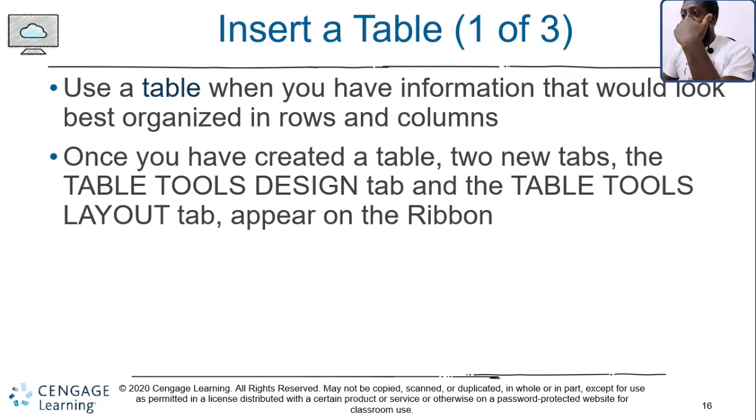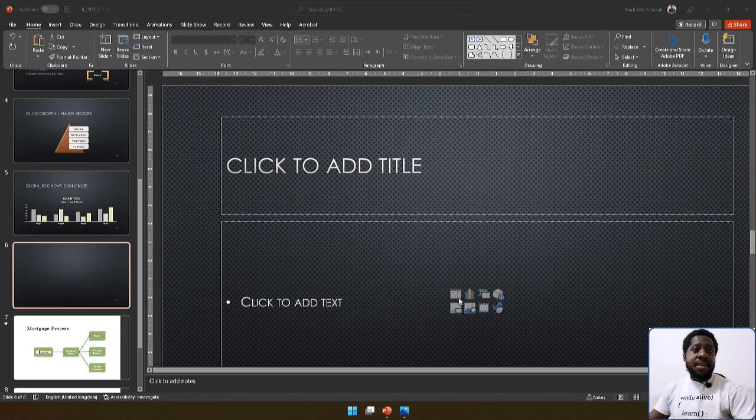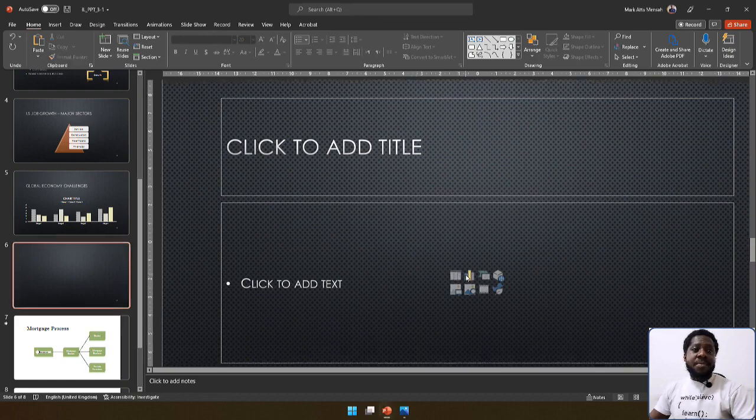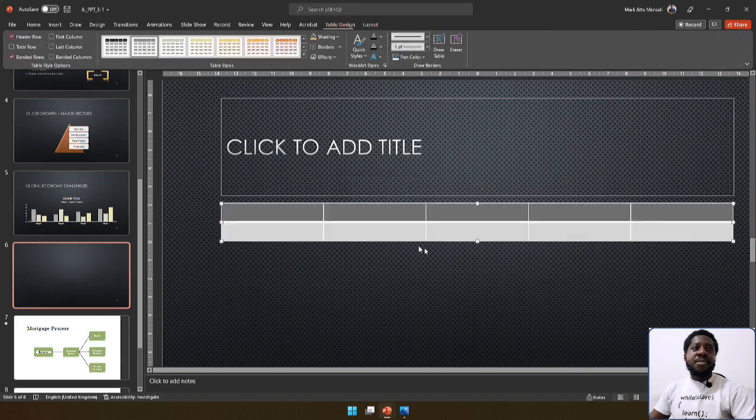Once you have created a table, you have two tabs and you can edit them as and what you want, the same way we have dealt with some of these things already. So if I create a new slide, for example, maybe I wanted to follow the same routine. I can equally come here within the section where I can select the table, determine the number of columns and rows that I need, and it will generate it for me.